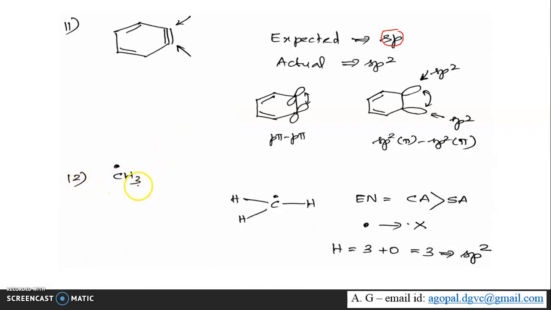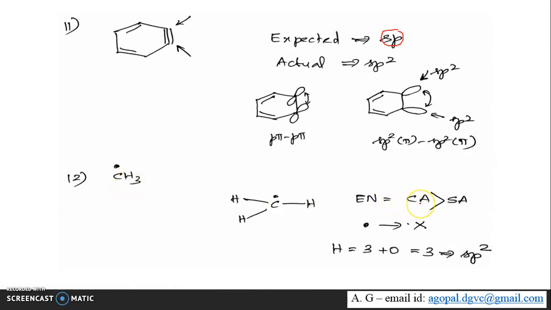Then see this one, methyl radical. In methyl radical, how to find the hybridization? Listen, if a radical is given, first you compare the electronegativity of the central atom and the surrounding atom. Here the central atom is carbon, surrounding atoms are hydrogen.